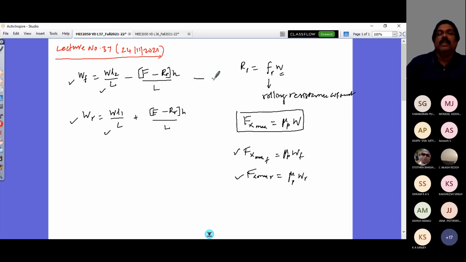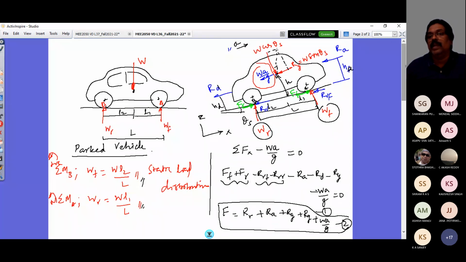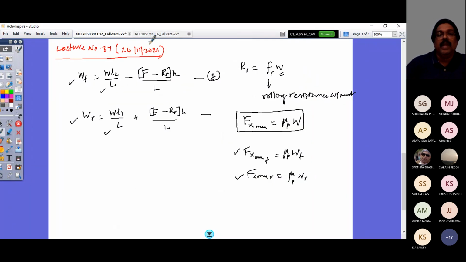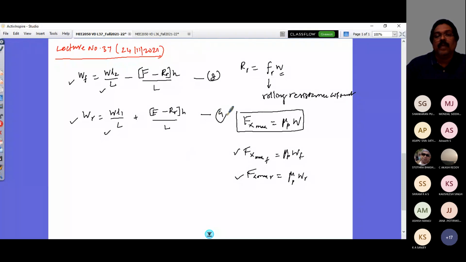So now looking at equation 8, and we had derived this as equations 8 and 9. So this is 8 and this equation is 9. Now, considering your vehicle is a rear wheel drive vehicle, I would have my maximum tractive effort given by mu P times Wr.